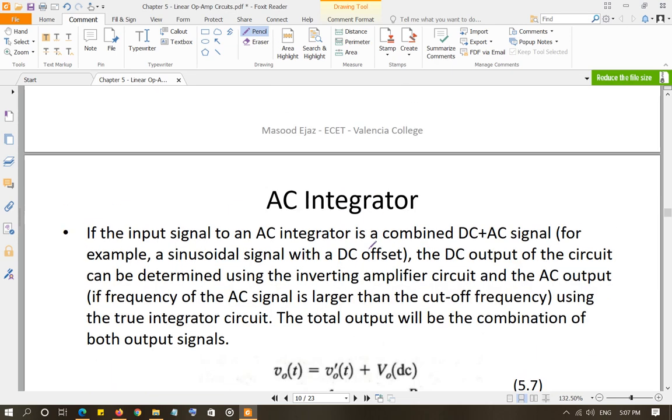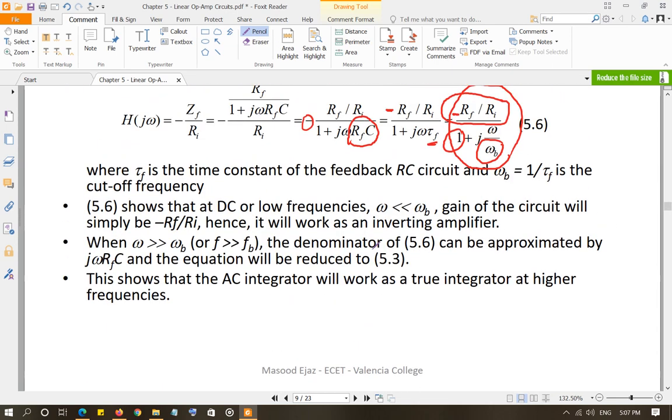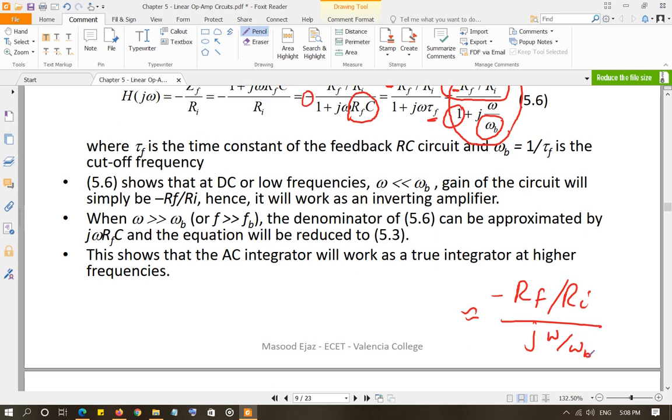So let's look at it here. What's going to be H of j omega? Negative RF over R input divided by, approximately, j omega over omega B, or j f over fB. Remember, omega is 2 pi f, and omega B is 2 pi fB, so j omega over omega B or j f over fB is the same thing.